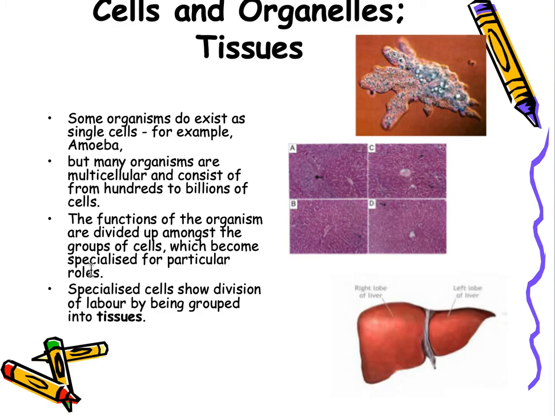The functions of the organism are divided up amongst groups of cells which become specialized for particular functions. Specialized cells show division of labor. So cells in different parts of the body can perform different functions, and hence the membranes of those cells perform different specialized functions.